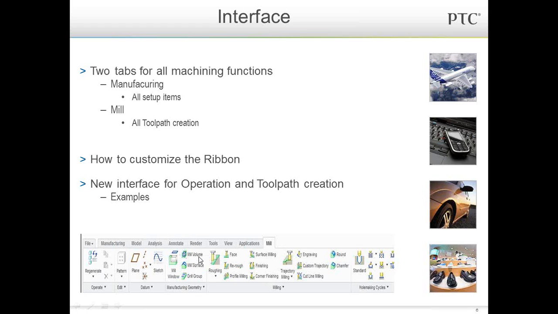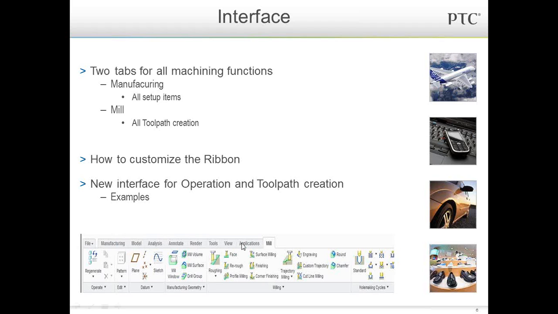And right along with all of the rest of the applications, the manufacturing applications are all now in a ribbon idea. And if you're not familiar with it, the way that it works is that all of your commands, whether you're just doing design work or you're in manufacturing, exist in one of these tabs that you see that I'm kind of pointing at right here, okay?